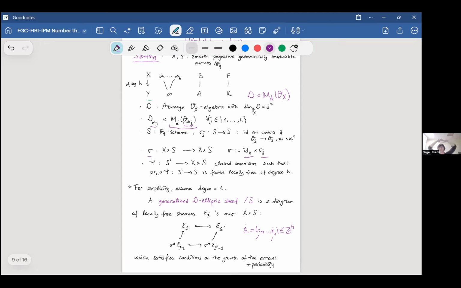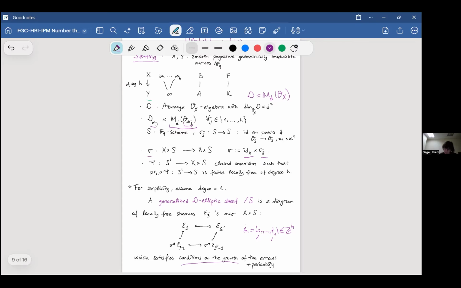We have not just one infinity, but many infinities. But the idea is the same. You have a vector bundle, and you start modifying around not just one fixed point, but many infinities. But you don't want to modify too much or too little, so you have these conditions on their cokernel. And periodicity tells us that it's enough to modify only finitely many times.